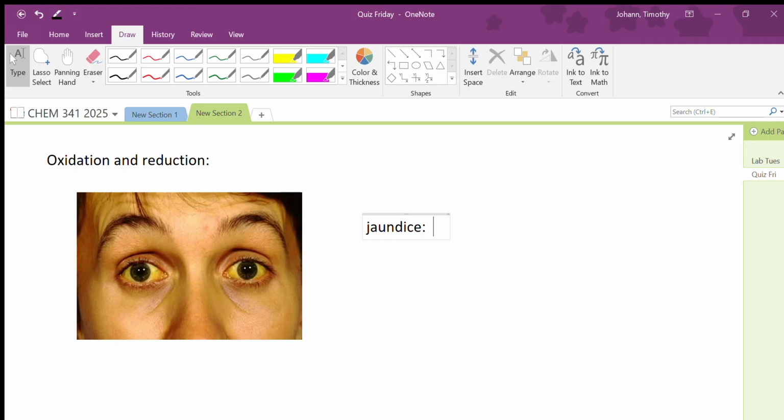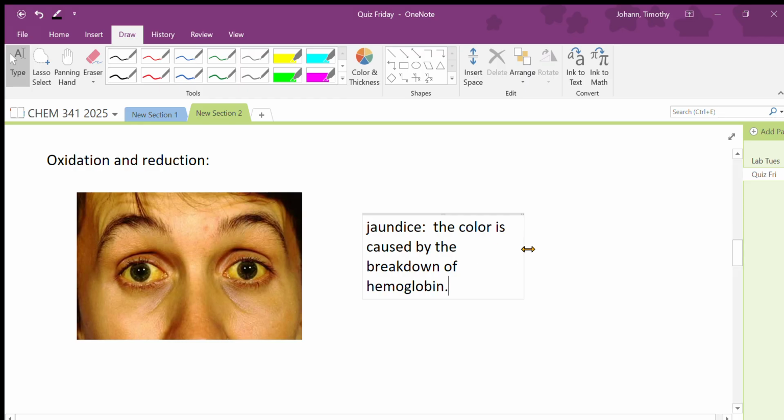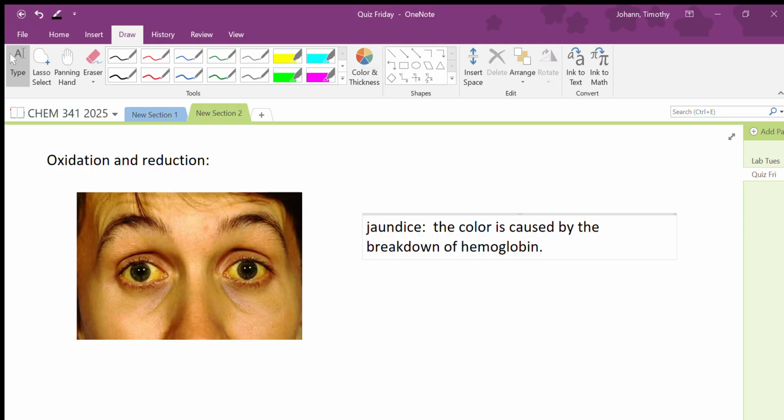So jaundice is caused by the breakdown of hemoglobin. So the color. Okay, and one of the breakdown products of hemoglobin, in fact, it's a breakdown of the heme, is called bilirubin.